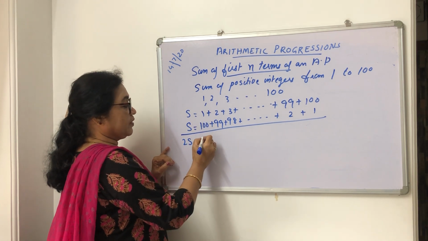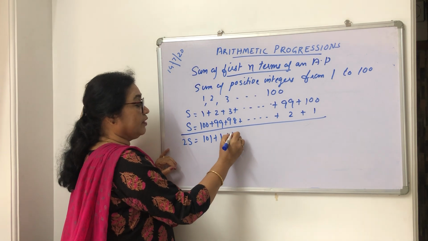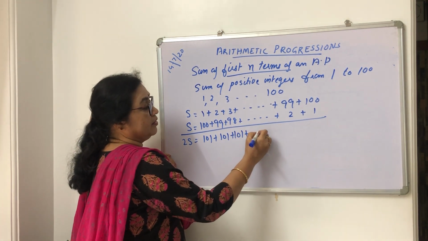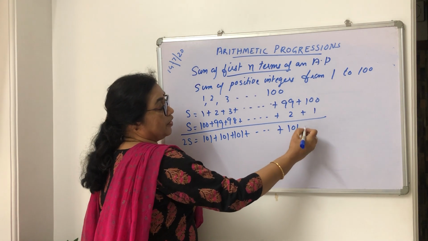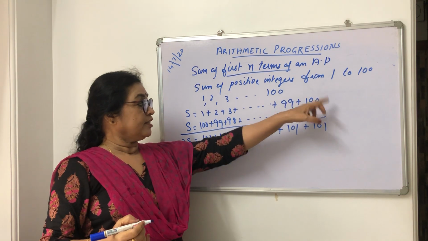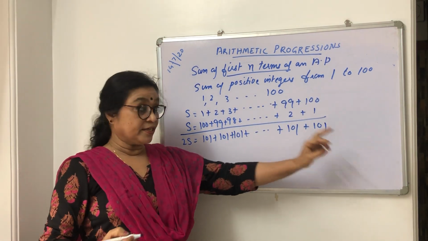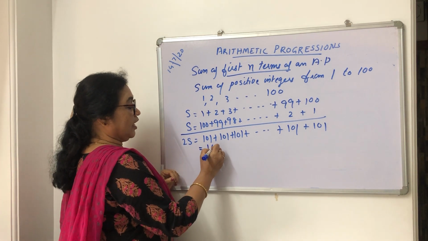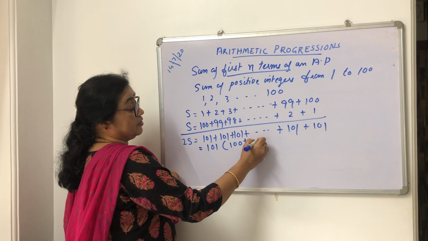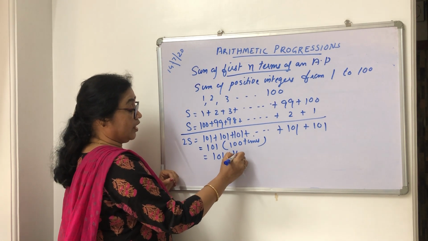1 plus 100 is 101, 2 plus 99 is 101, 98 plus 3 is 101, plus 101 plus 101. That means, see here there are 100 numbers, so 101 comes 100 times. That is 101 into 100.